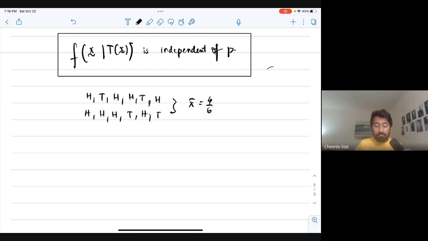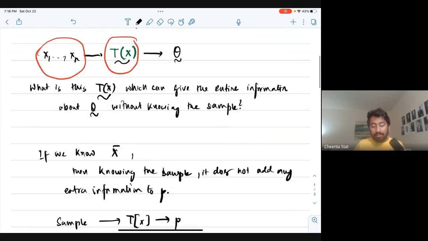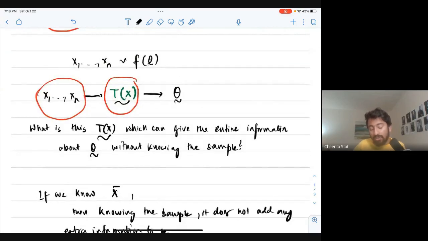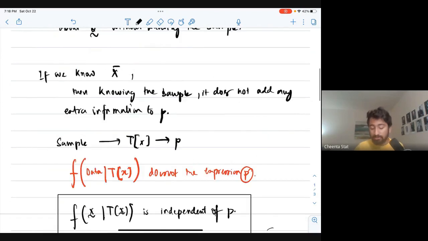But the samples are different, so it's not adding any extra information. That's the beauty of it. The theta is dependent on the sample via Tx. That's the best idea. That's what is meant by this.